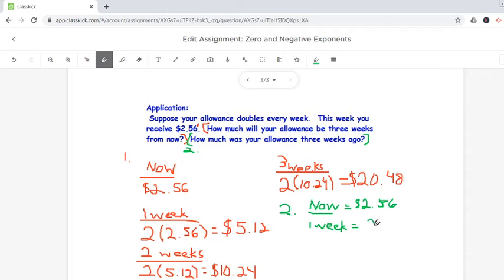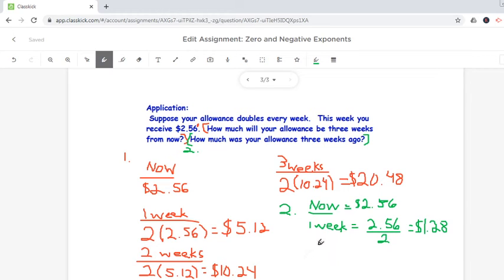So I'll do 256 divided by 2. Okay, 256 divided by 2 equals $1.28.